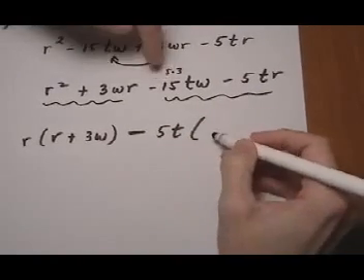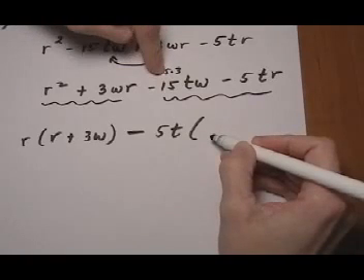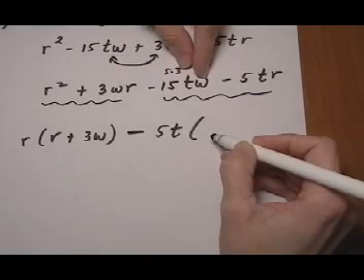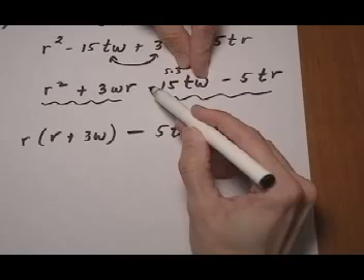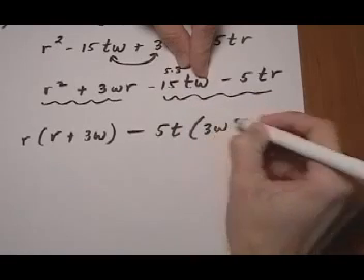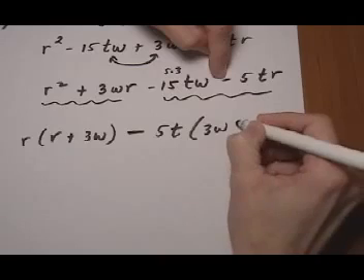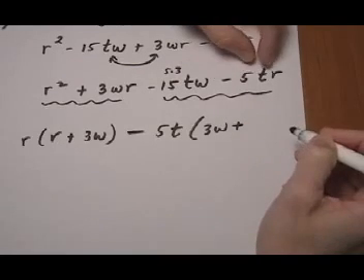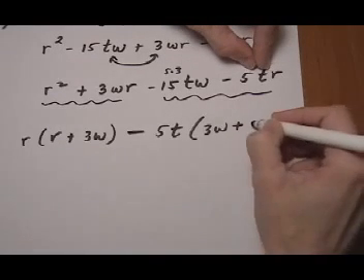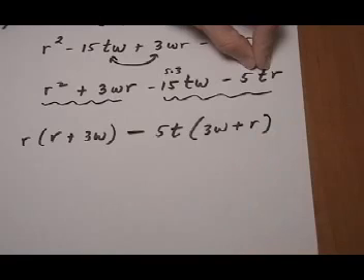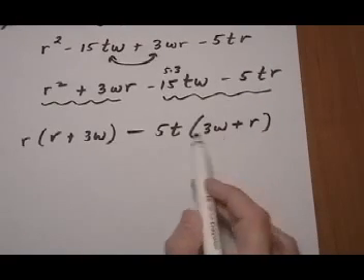Then, looking at what's left over, I pulled out a 5 and a t, and I'm left with 3w. I also pulled out that minus sign, so I'm left with just a 3w. And over here, I pulled out the minus sign, so I'm left with a plus, and I pulled out a 5 and a t, so I'm left with an r.